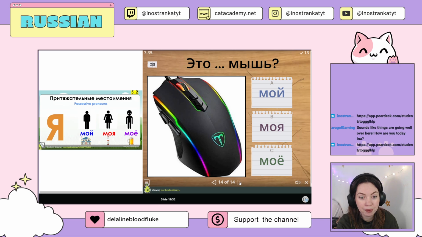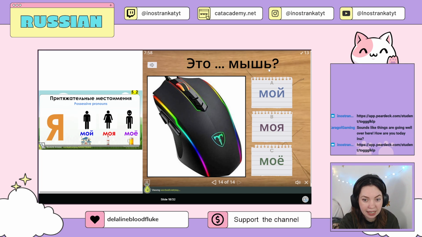Дальше. Мышь. So this one is an exceptional word. The final letter, is it a vowel? Нет. So it's highly likely masculine gender, but there is a possibility it still could be feminine.